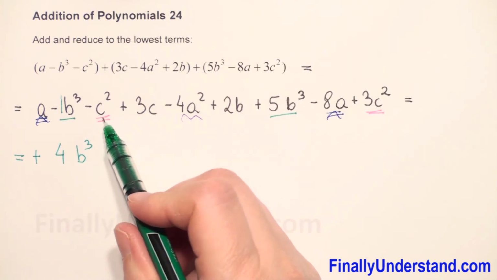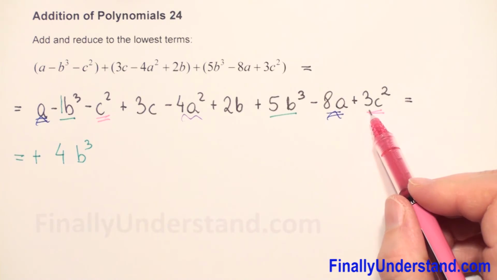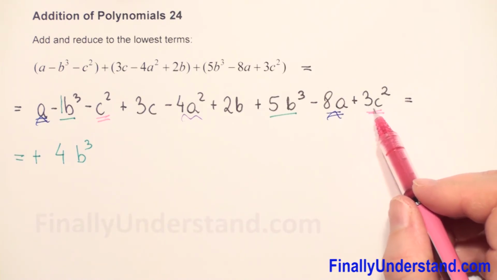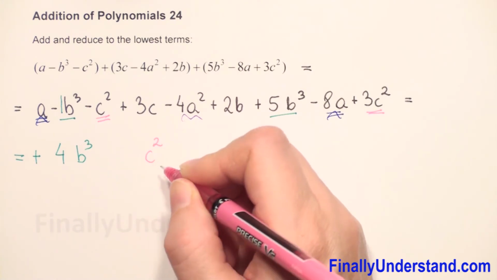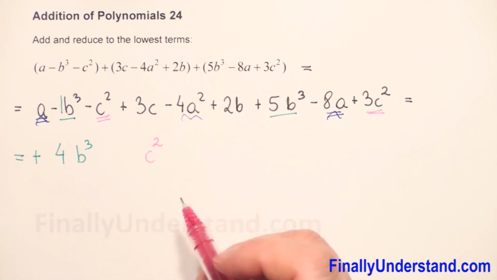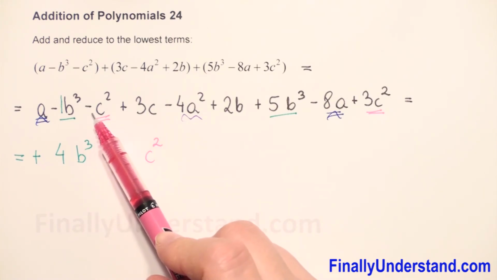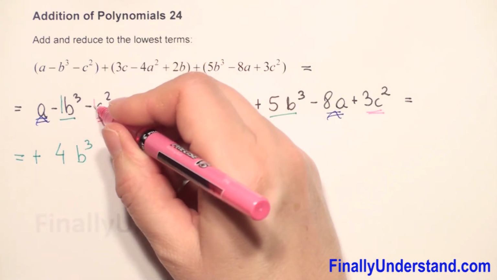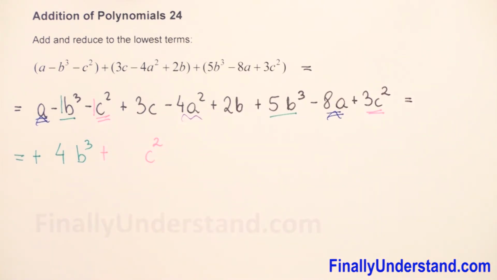Next, c squared. We have negative c squared and positive 3c squared. We copy the variable with the power. Next, we keep the sign of the coefficient which is greater. We have an invisible 1 here, and 3. 3 is greater, 3 is positive, so we have a positive sign.